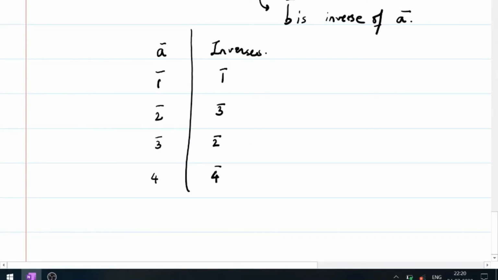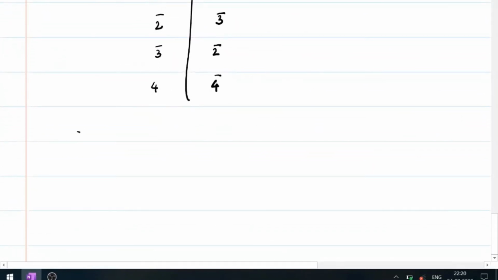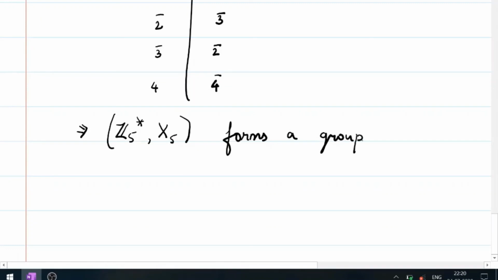So every element here has an inverse, and therefore all our 4 properties are satisfied, and therefore I finally conclude that Z5 star with respect to multiplication modulo 5 forms a group. So this finishes the second exercise.